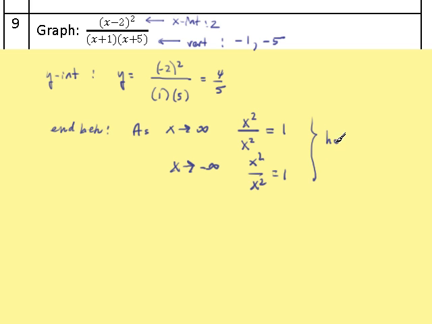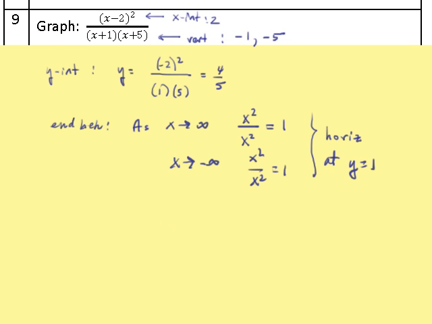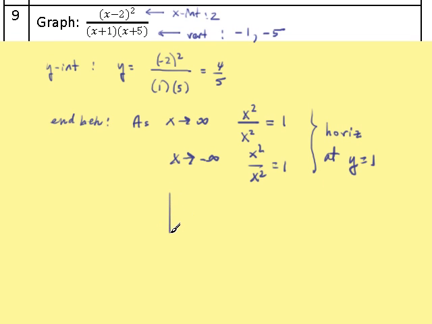Horizontal asymptote at y equals 1. All right, let's start filling in. So we're going to fill in 2, that's the x-intercept, and intercepts, and vertical asymptotes -1, right here.